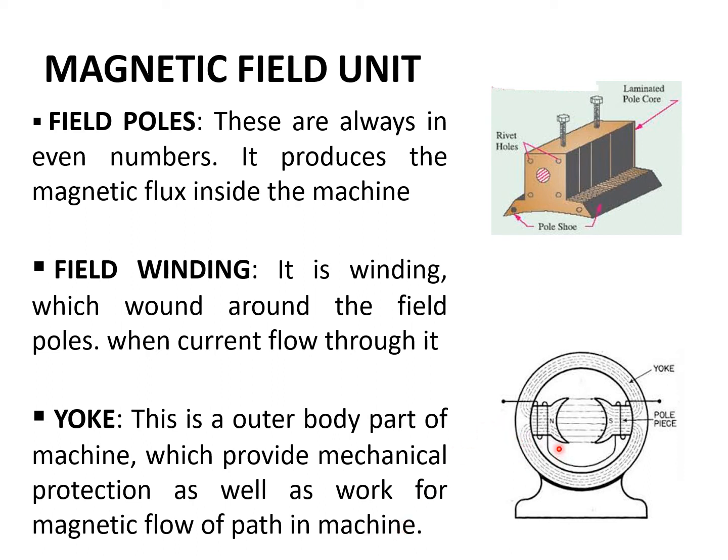So the flux inside the machine completes its path: the flux produced from the north pole enters the south pole, and from the south it completes its path through the yoke like this. So the yoke provides mechanical protection as well as the magnetic flux path in the machine.